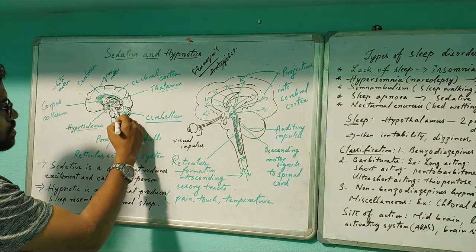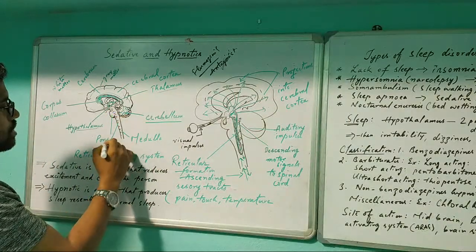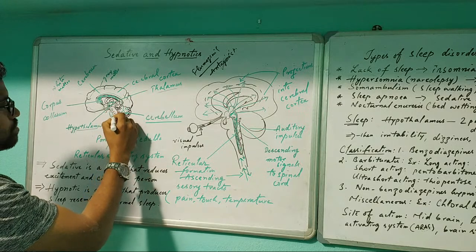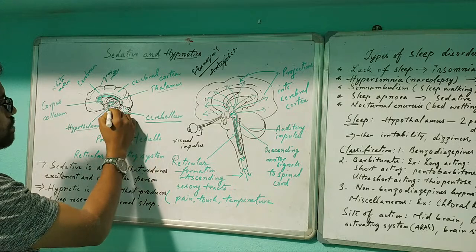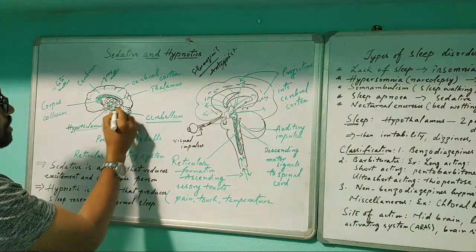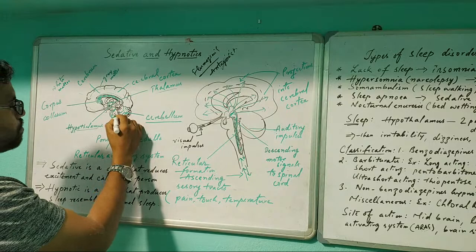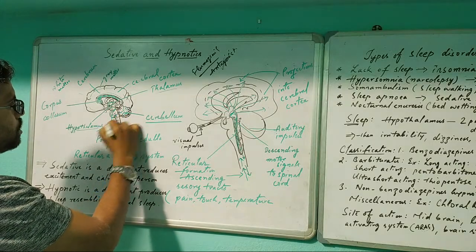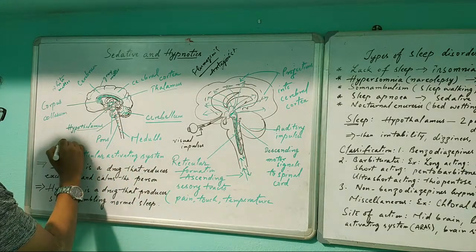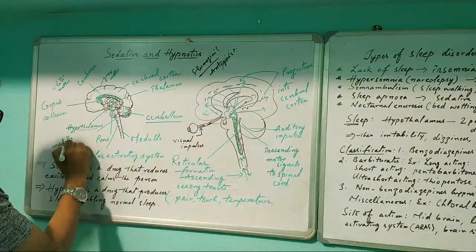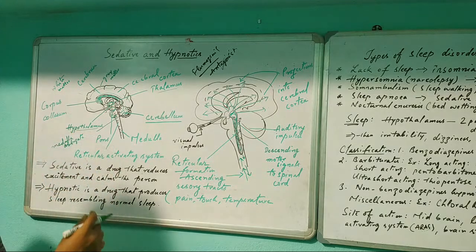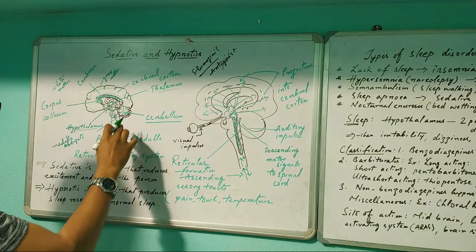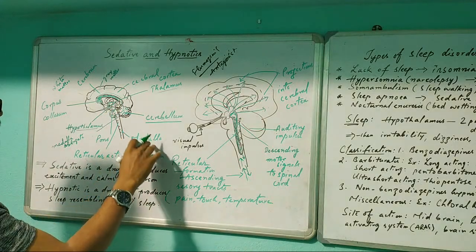And this is the pons. This bulge area is the pons, and after the pons is the medulla, and this is the midbrain. Then this last part is the medulla oblongata.